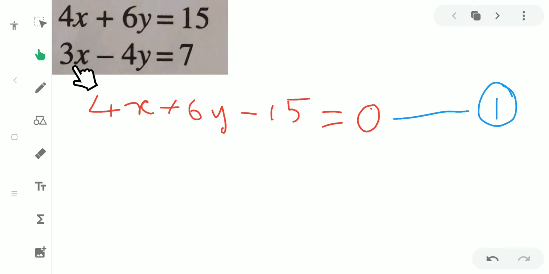And the second one is 3x minus 4y minus 7 is equal to 0. So while transposing 7 from RHS to LHS, the plus will become minus.